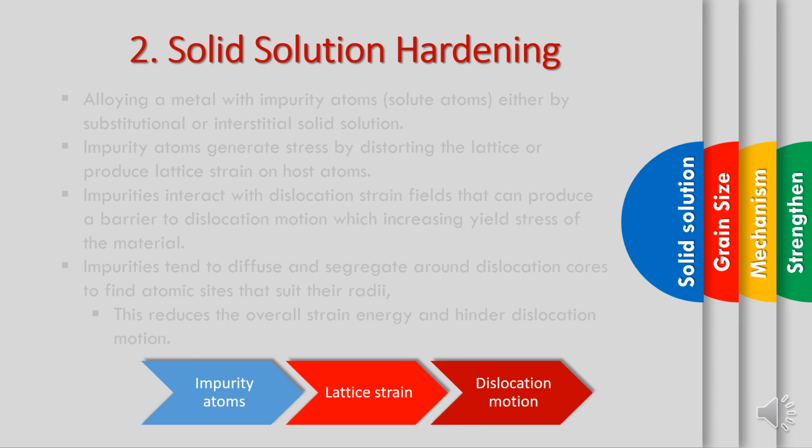Basically, the keyword is impurity atoms, and then it will produce lattice strains at host atoms, and finally, it will act as a block for the dislocation motion.